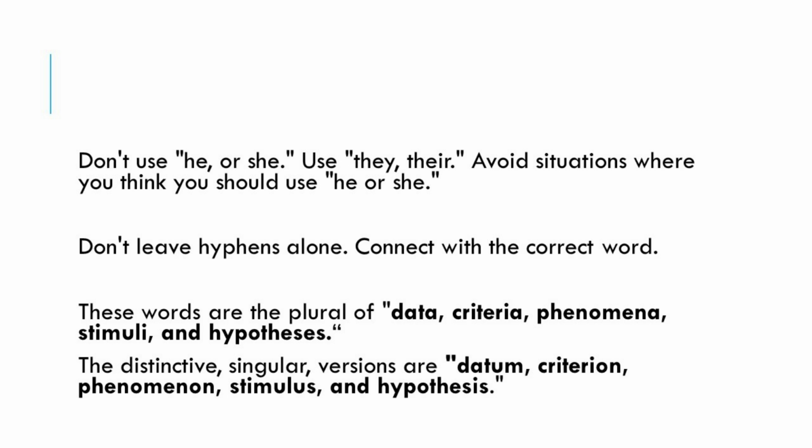The singular versions are datum, which refers to just one piece of data, criterion, which refers to one rule, phenomenon, which refers to one particular event, stimulus, and hypothesis. There are hypotheses and there's a hypothesis.